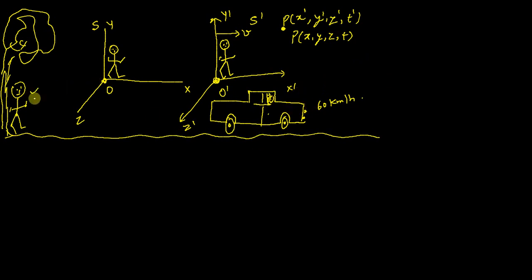This man observes in his frame of reference, and this man observes in his frame of reference, according to his coordinates. Mathematically, this distance from this observer is x prime, this distance with respect to the origin O prime, and for this observer this distance will be x.